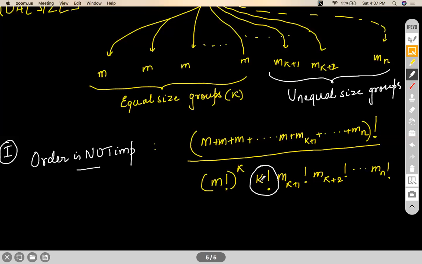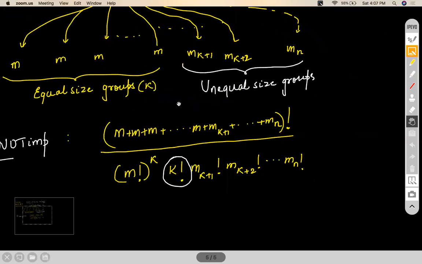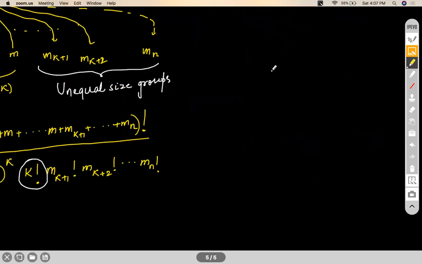Now many people will ask me, sir, what if there were equal numbers of items in other groups? Like say 2 of them have 2, 5 of them have 3, 7 of them have 7, like that. Then you have to divide by those many factorials, as I'll show you in the example. Let's say the same 52 cards, I'm splitting up into groups of 11, 11, and 15, 15.